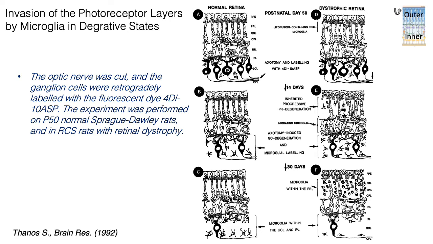As they die, microglia in the inner layers of the retina would phagocytose these cells and thereby themselves become labeled. Now, what was observed is that over the duration of the RCS progression, these microglia that were labeled initially in the inner layers began to accumulate after 30 or so days in the outer retinal layers, suggesting that indeed microglia are the cells that are invading the outer retina.